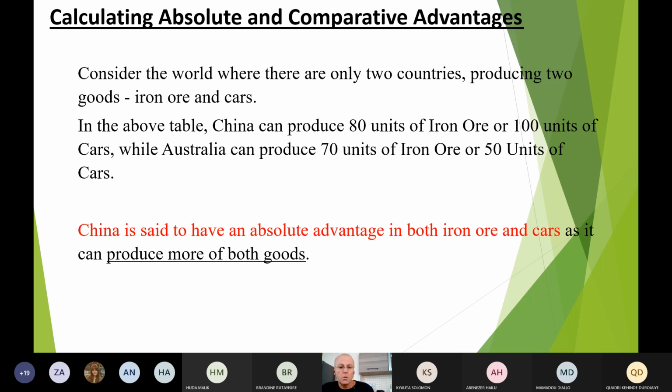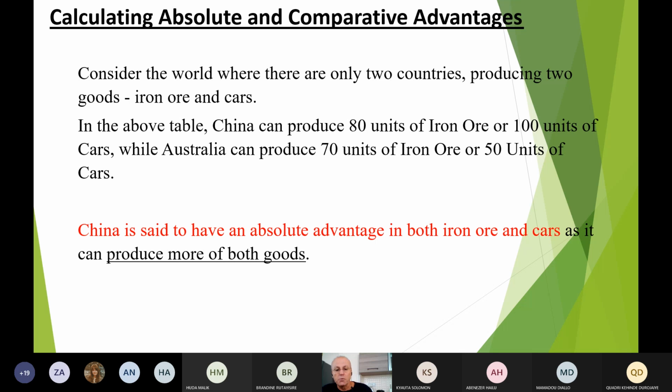Calculating absolute and comparative advantages, as I said to you, is not difficult. We are going to consider again the world trade, where there are only two countries producing two goods, iron ore and cars, as I have given to you in the table. The table shows China can produce 80 units of iron ore and 100 units of cars, whilst Australia can produce 70 units of iron ore and 50 units of cars.